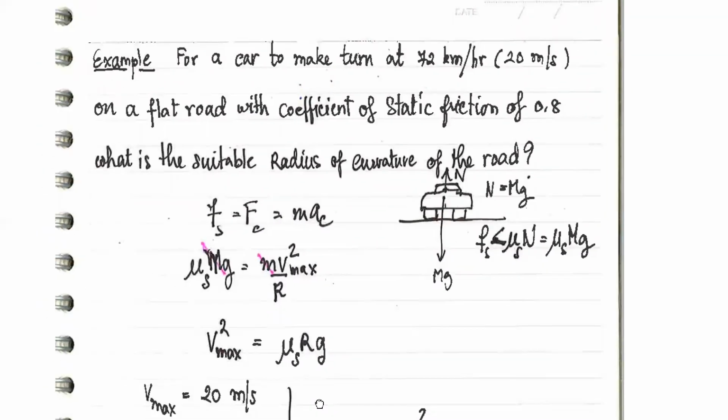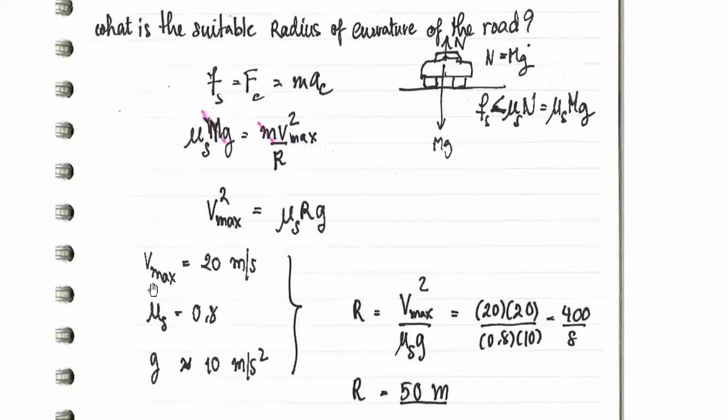And the problem said for a car to make a turn at 72 kilometers per hour or 20 meters per second. So we know that the maximum speed of the car is 20 meters per second. Mu s is 0.8 and g is 10 meters per second squared.